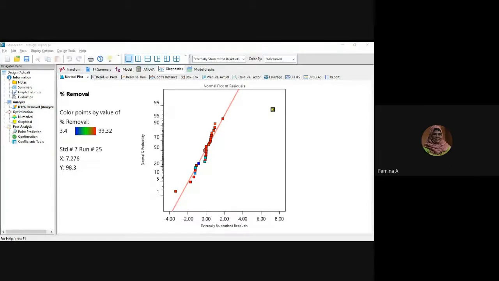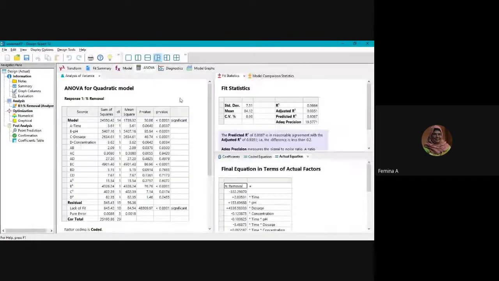Then the ANOVA table, if we are making this closer to the straight line, then this lack of fit will become not significant. The R square, now it is 0.96, will be nearer to 0.99, and the predicted R square will also get improved. And also there is a chance that the lack of fit is non-significant.